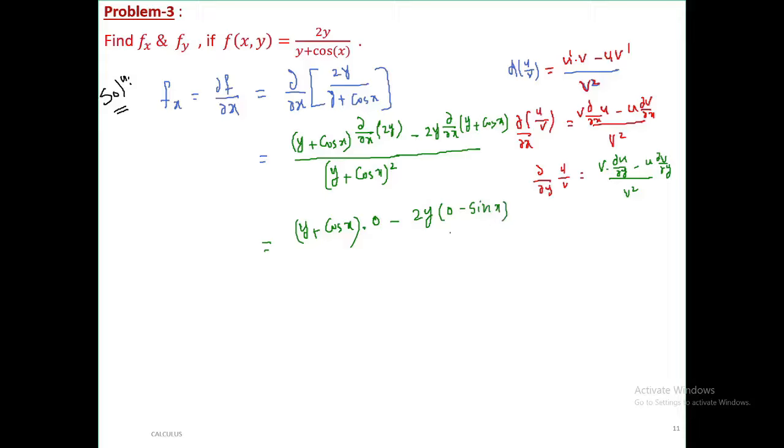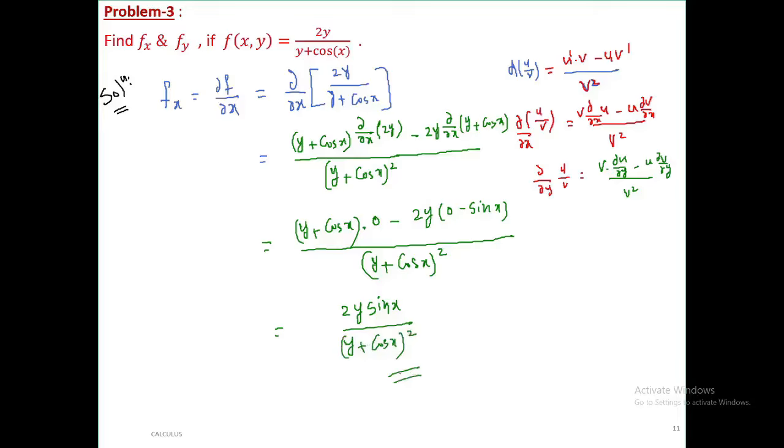And the whole thing is divided by y plus cos x whole square. Okay, now y plus cos x into 0 is 0, and minus of minus is plus. So 2 into y sin x divided by y plus cos x whole square. So this is fx.